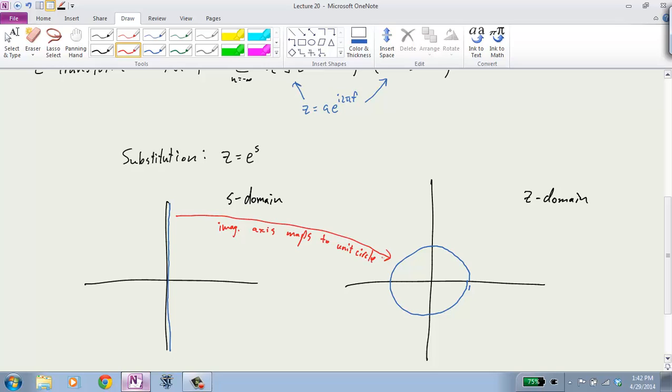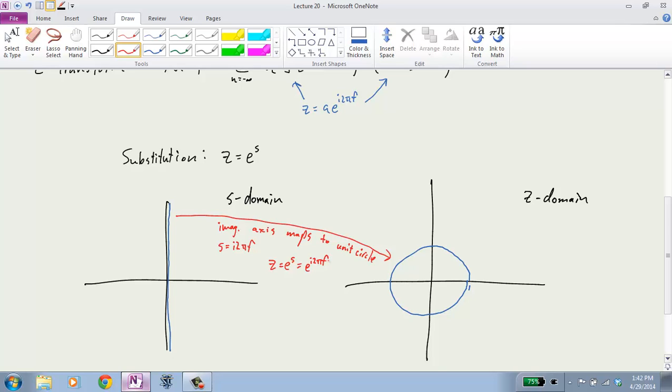What we mean by that is the imaginary axis here is s equals i2πf. Then that means that z equals e to the s equals e to the i2πf. And the magnitude of e to the i2πf is 1, right?